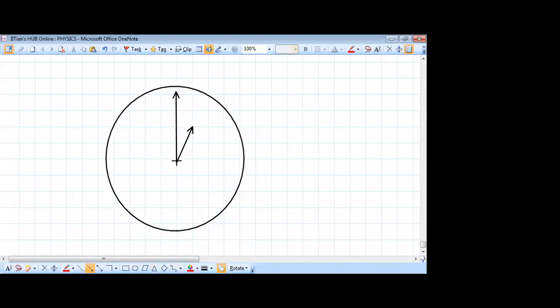This is when your time will be exactly 1 p.m. This is how this will look.